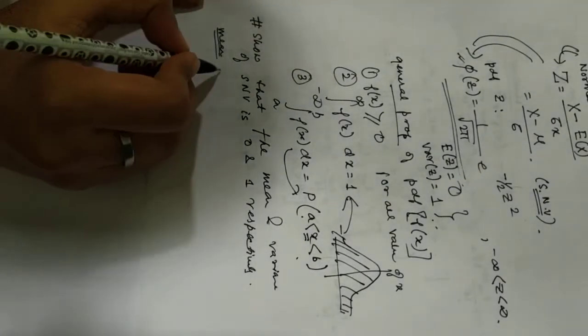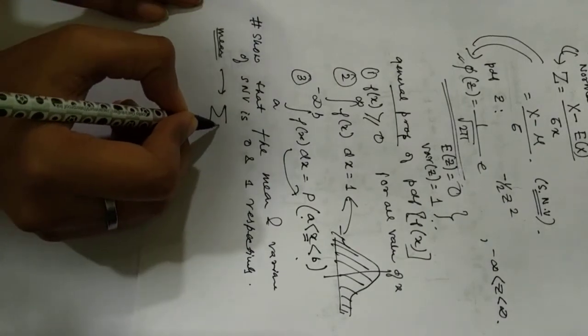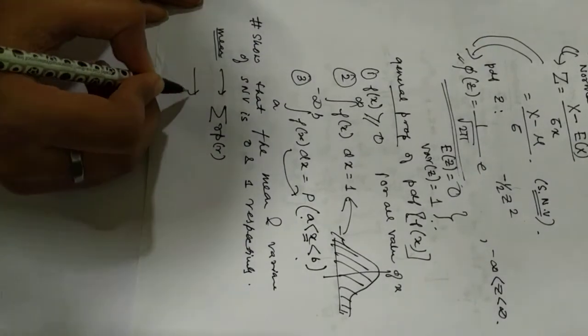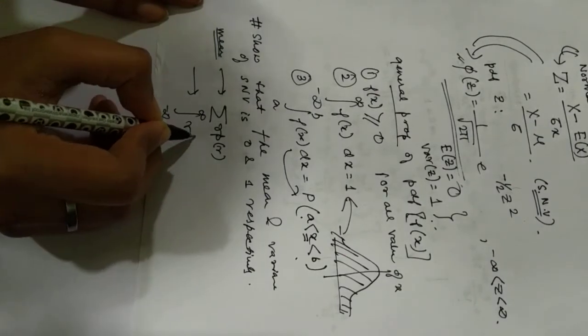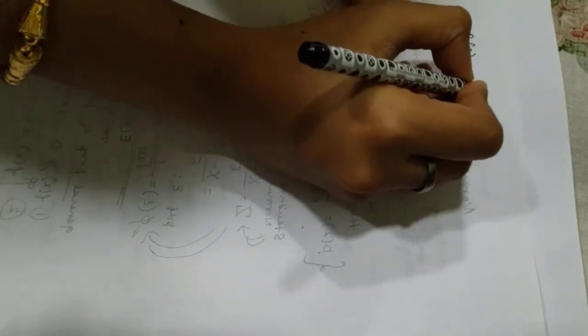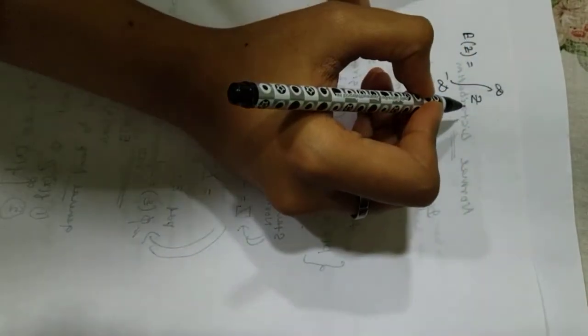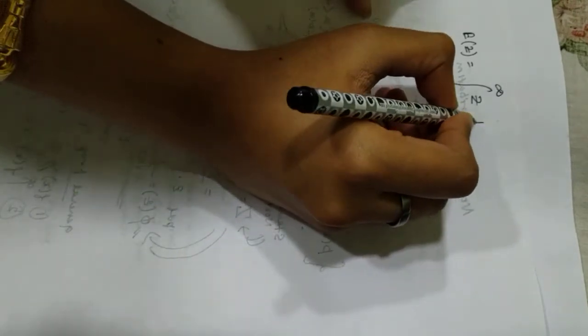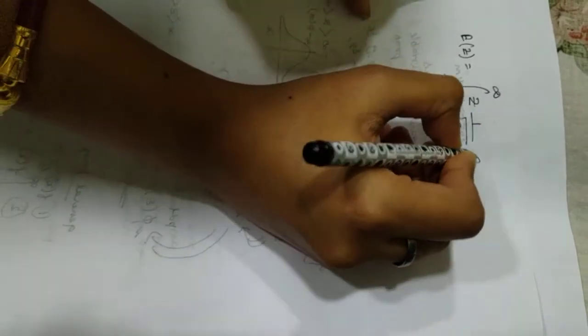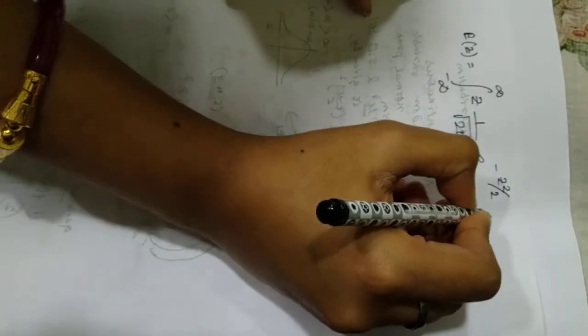By definition, we know for discrete variables the mean is given by sum of R P(R), but for a continuous variable it changes to the integral of R P(R) dR, right? So we will use this. The mean for the standard normal variate becomes the integral from minus infinity to plus infinity of z times the probability distribution function of the standard normal variate, which we have just written: 1 by root over 2 pi e to the power minus z square by 2 dz.